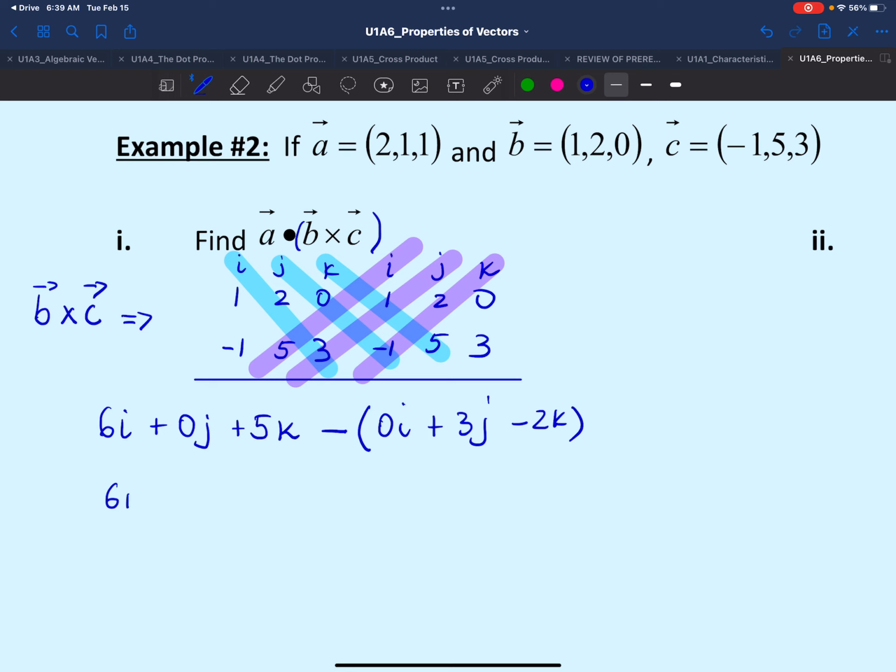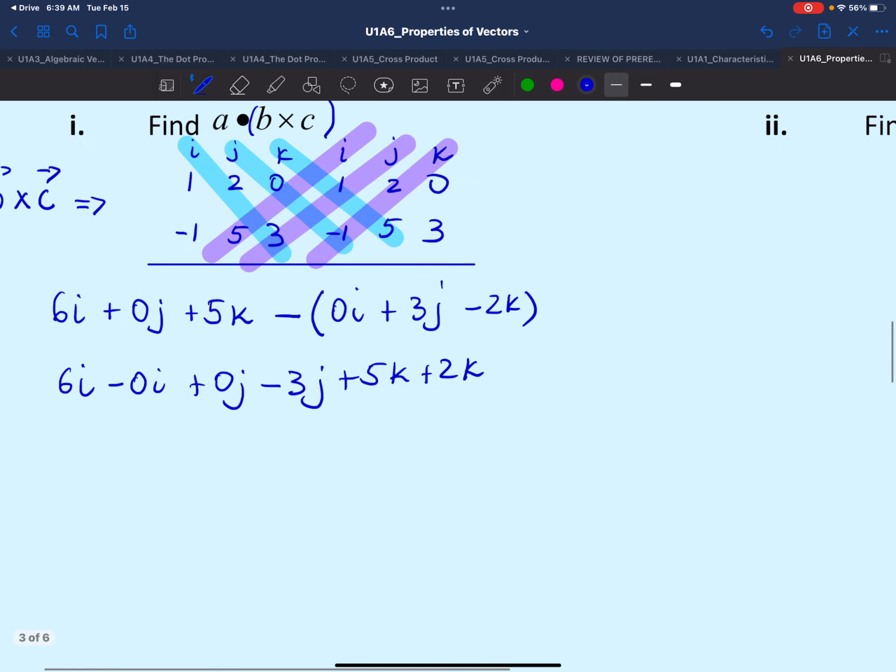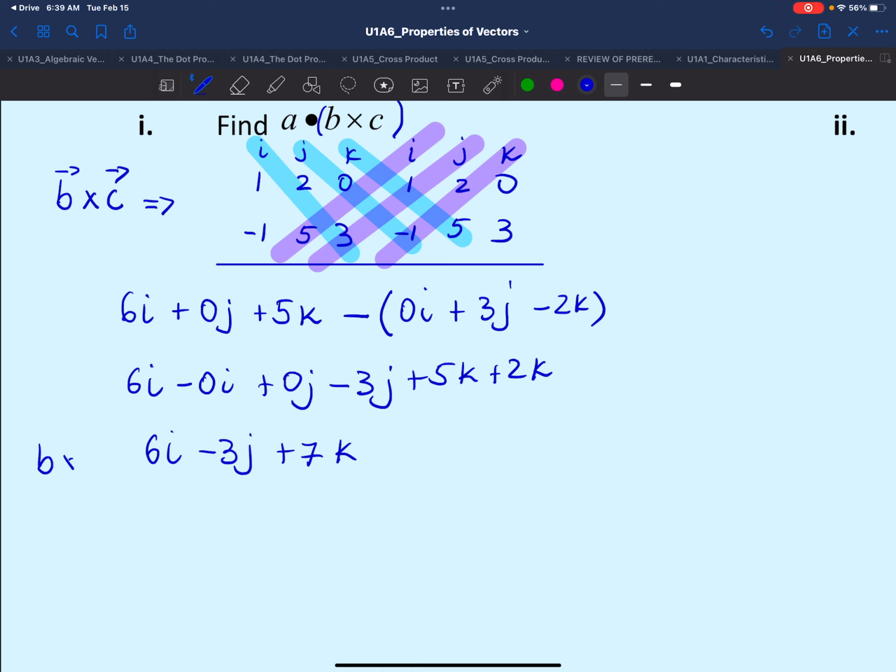So we have 6i minus 0i plus 0j minus 3j plus 5k plus 2k. So this would be 6i minus 3j plus 7k. This would be vector B cross C.